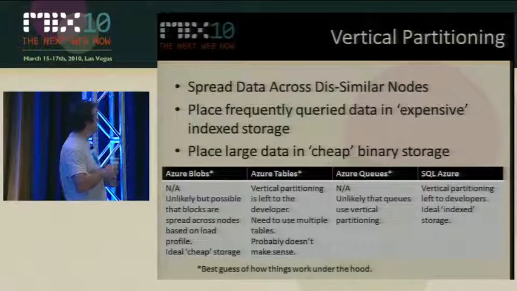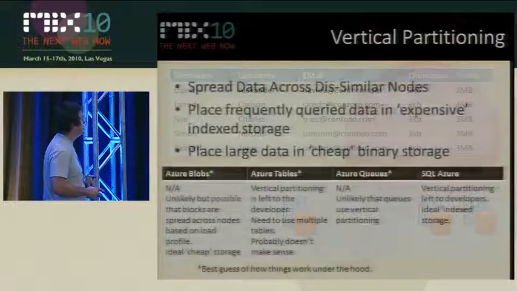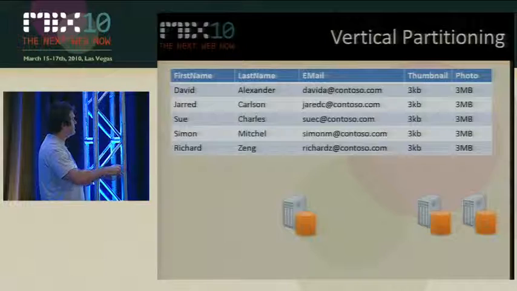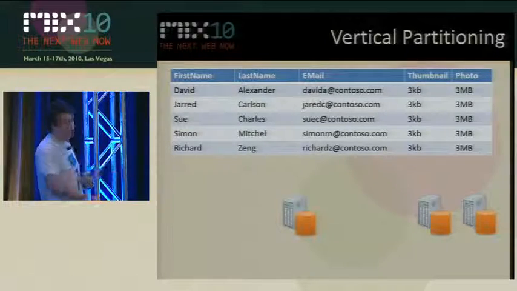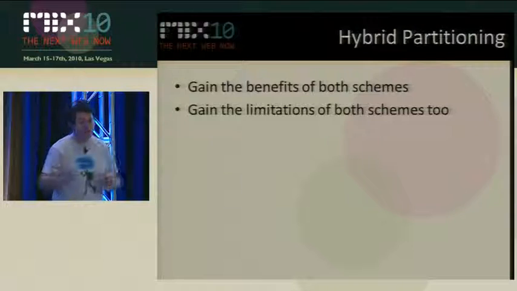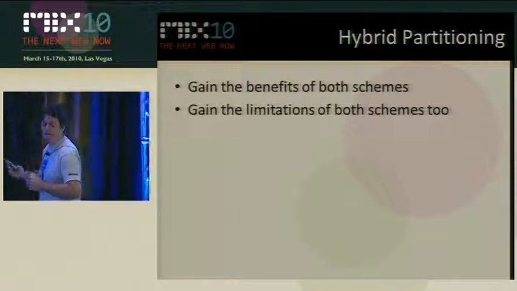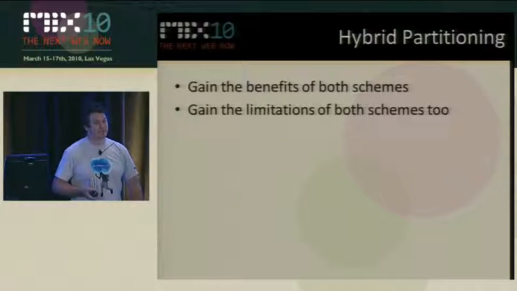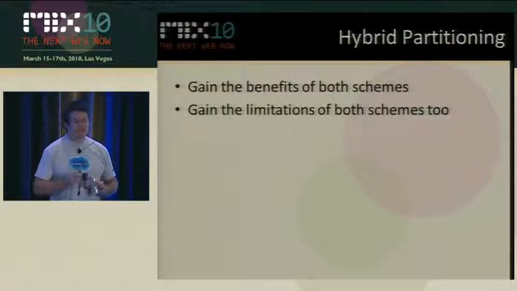Again, the example I had back here, this is all about, stick some data in SQL Azure, stick some data in Azure Storage. And we're going to have a bit of a worked example shortly. Hybrid partitioning is about gaining the benefits of both of these schemes, and you end up correspondingly with the limitations of both of those schemes.